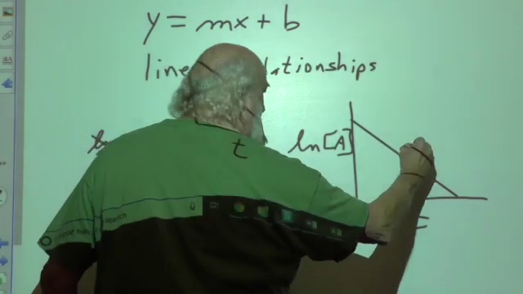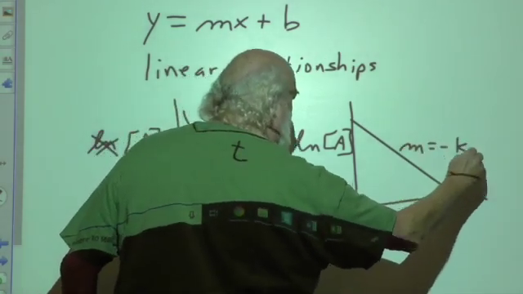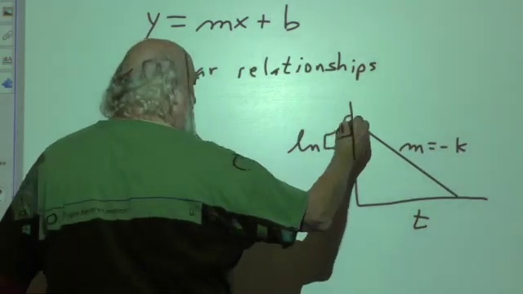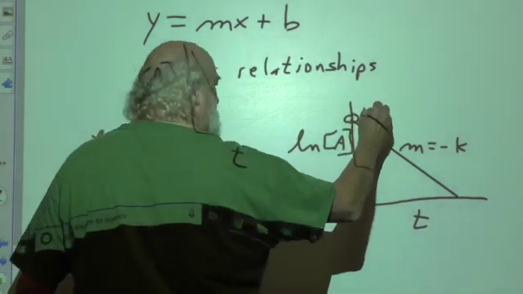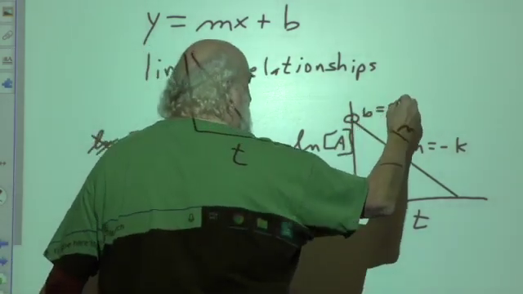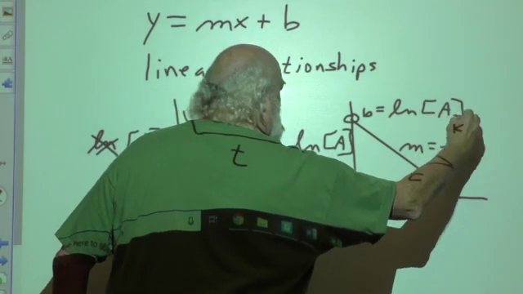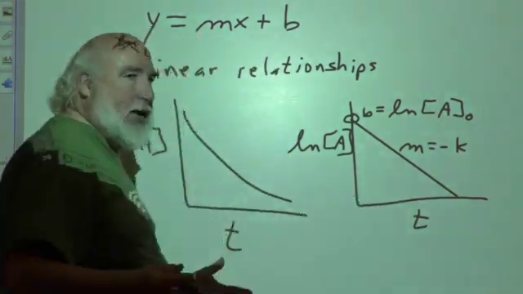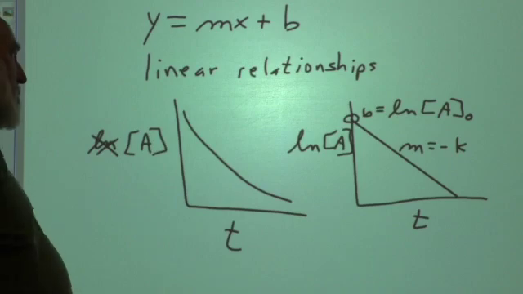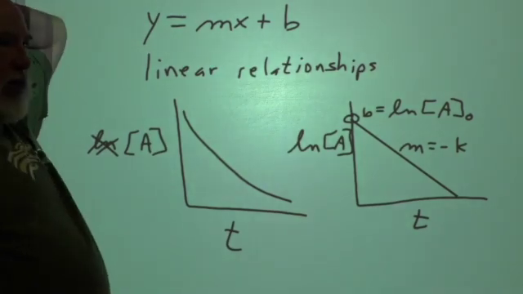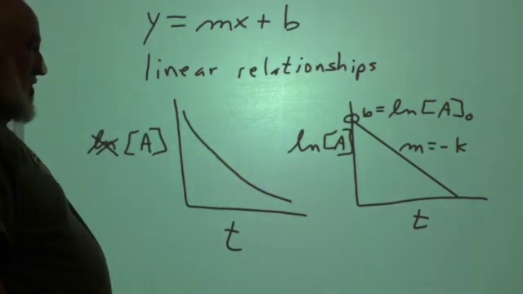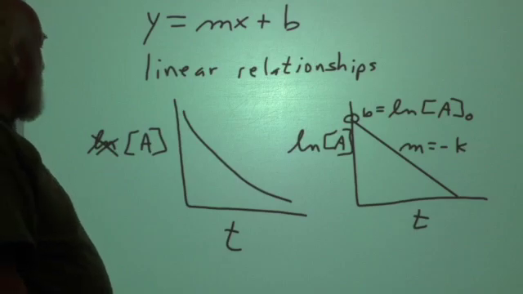And we said that the slope is negative k. And this point right here is the y-intercept. That's our b, and that equals the natural log of the original concentration of A. So I put a 0 there, or I could have put an i there, which is what I did last time. But mathematically speaking, we tend to go with a 0, not an i, but 0.